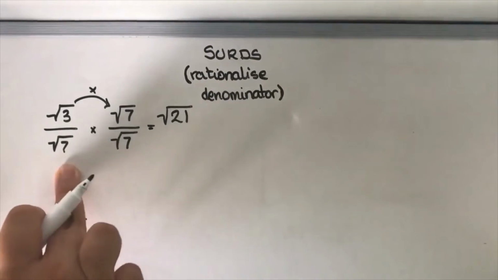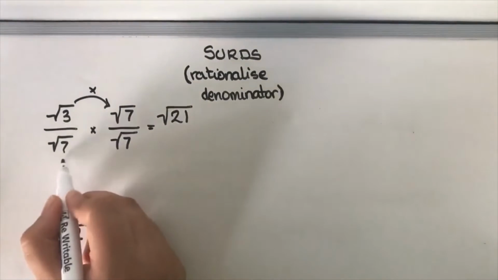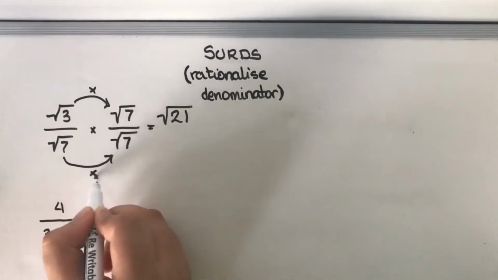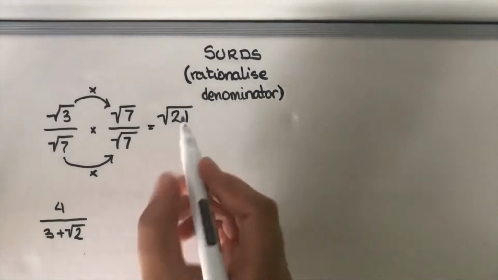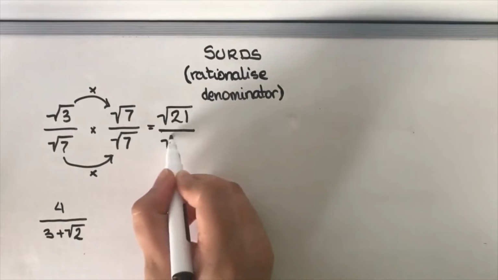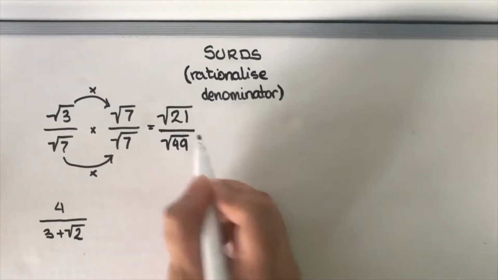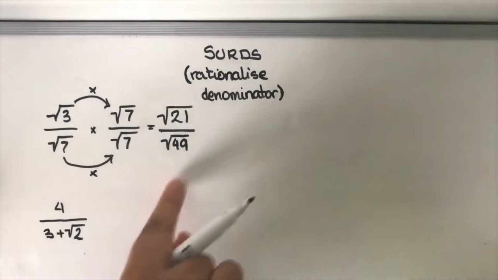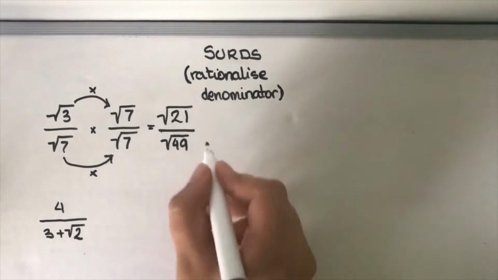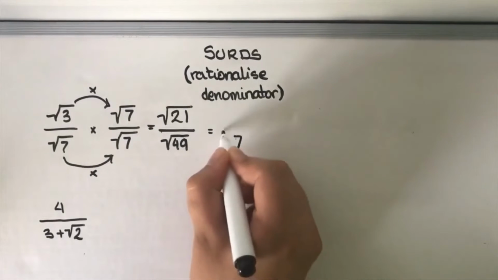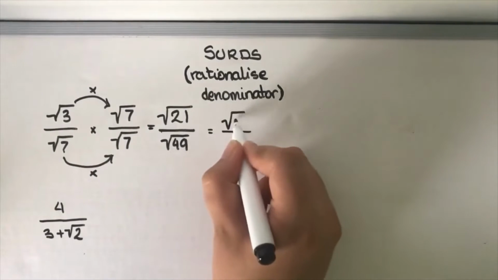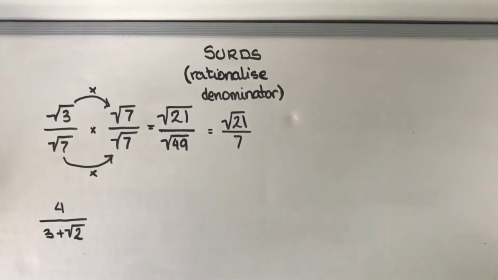Here we have root 7 times root 7. So all we do is multiply it as usual. We have root 49 as 7 times 7 is 49. And 49 is a squared number, so it can be simplified to 7. And our answer is root 21 over 7.